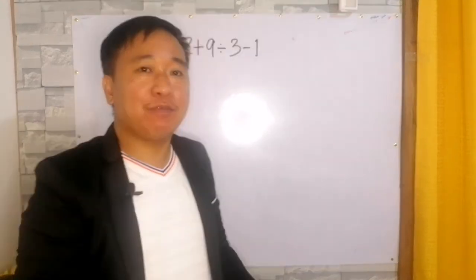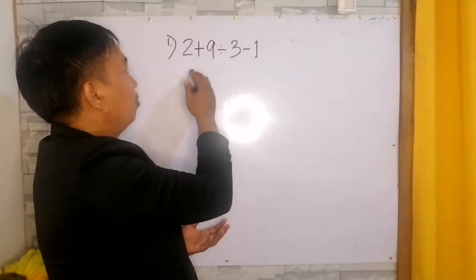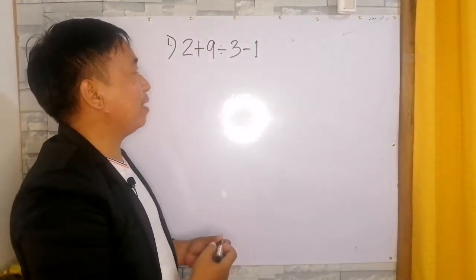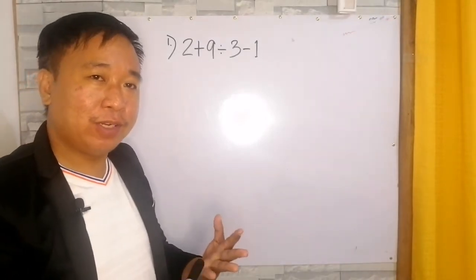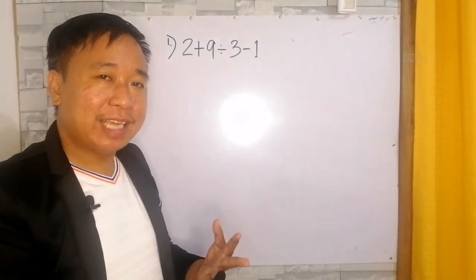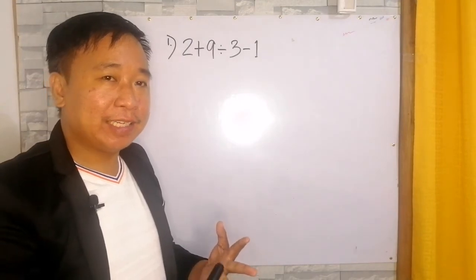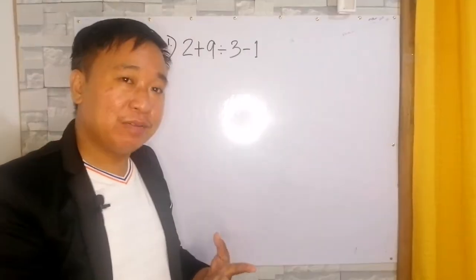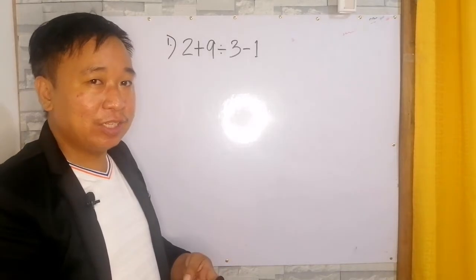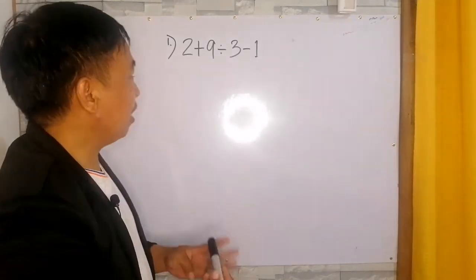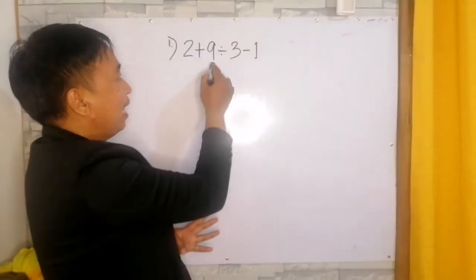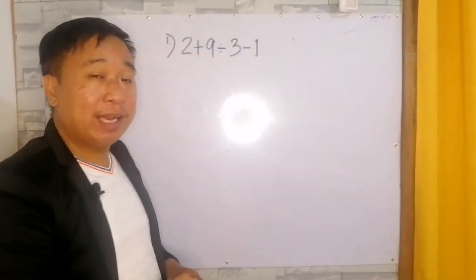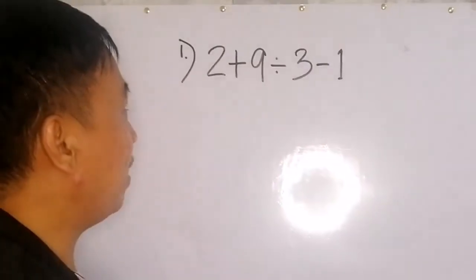All right. So let's have this first example. 2 plus 9 divided by 3 minus 1. We are going to solve first inside the parentheses. Second is exponent. Third, multiplication and division from left to right. Then addition and subtraction. If you notice, we have here division, which is 9 divided by 3. So we are going to solve that first.